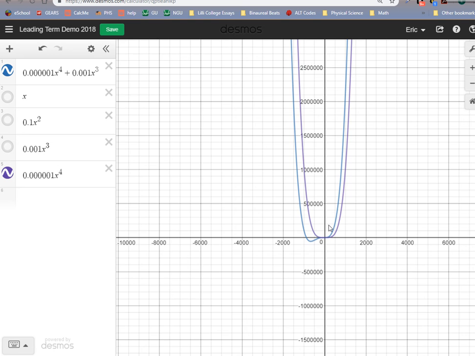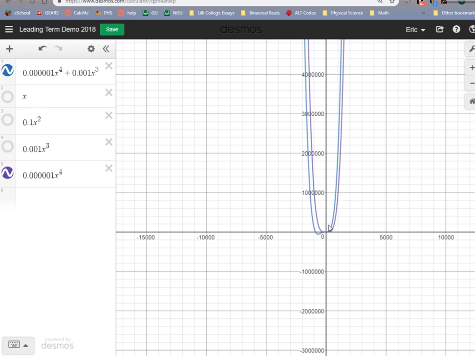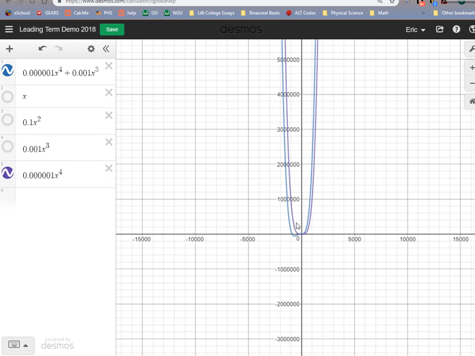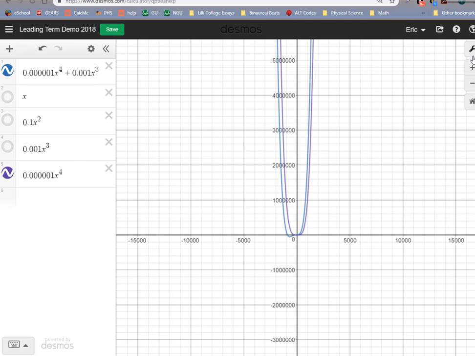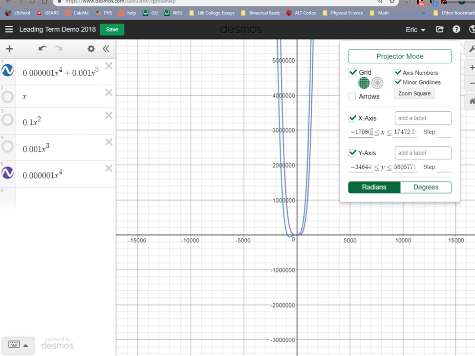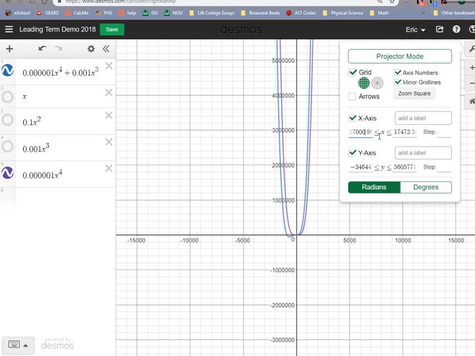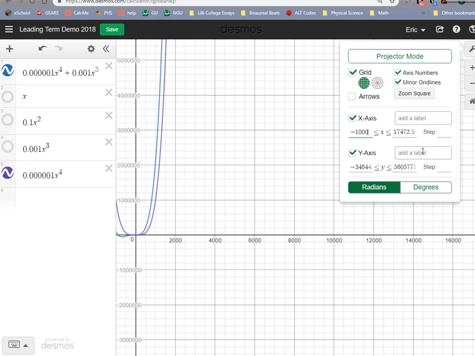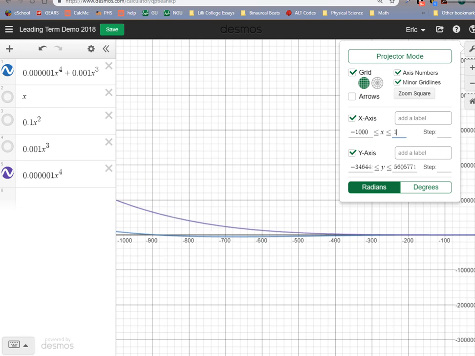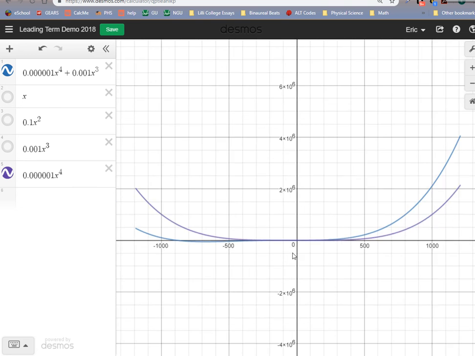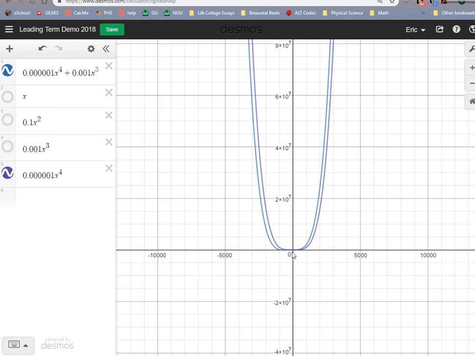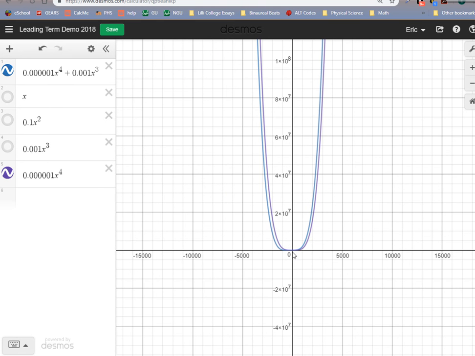It's got a little dent, but if we go further and further away, if we keep zooming out, what do you notice?